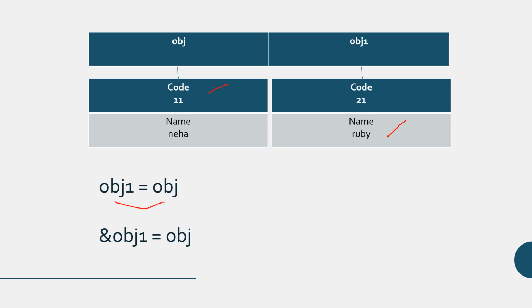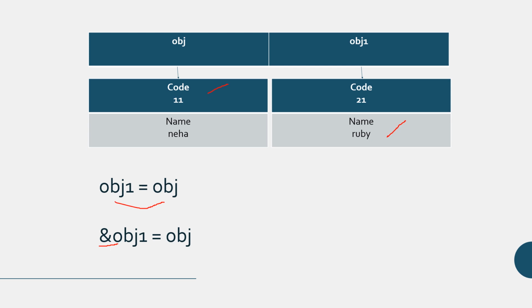And in the same way, if we use this reference sign here, the values of obj, like 11 and Neha, will be passed to obj1, so it will also contain 11 and Neha.